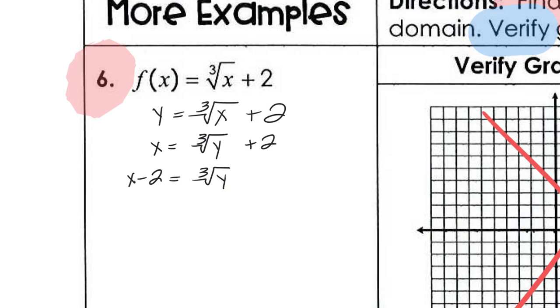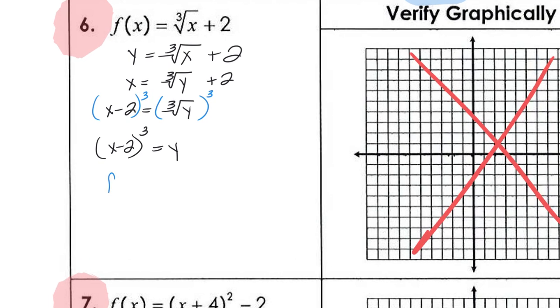And just like before, a square root was the inverse of squaring, now a cube root is the inverse of cubing. So the cube root of x minus 2 is equal to your inverse, and we want to write that using the inverse notation.